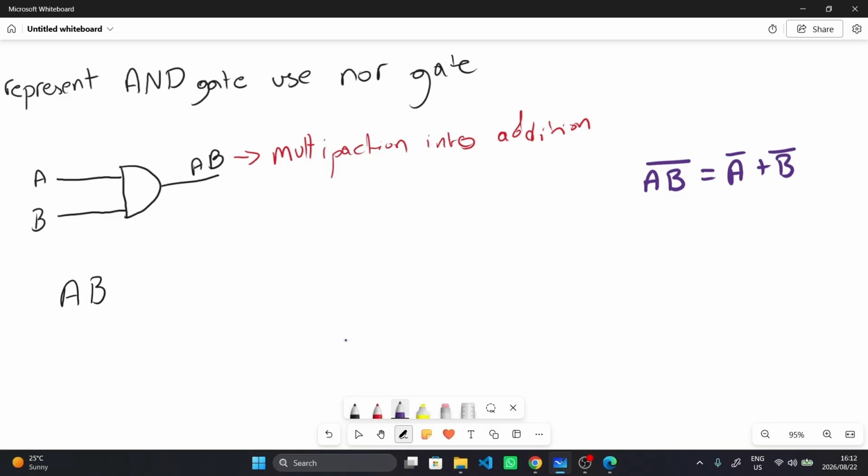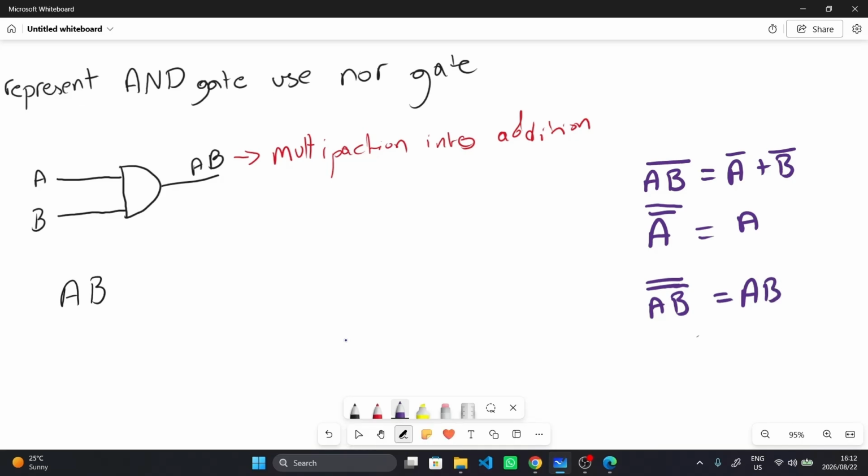We want to do that. But again, remember one of the rules which says A complement complement is the same as A. So if we do this, A B complement complement is the same as A B, right?